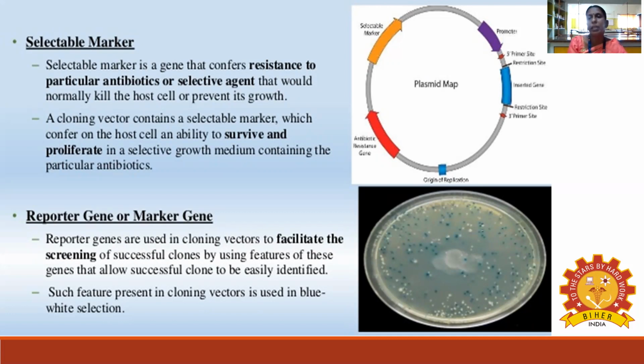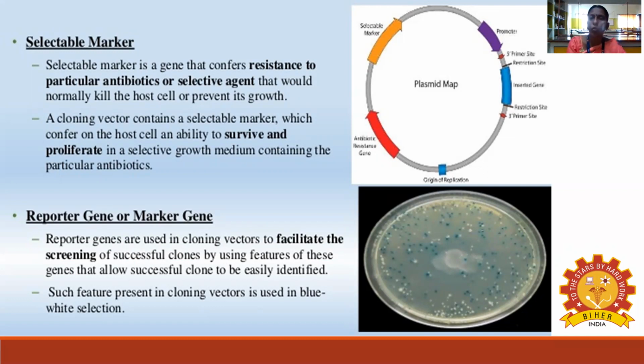If you grow it in ampicillin media, automatically the ampicillin resistance is present there, so resistant means growth is there. But at the same time, foreign DNA can be inserted at the ampicillin resistance site. Automatically the cell is converted into the sensitive form. Ampicillin sensitive means the antibiotic inhibits the growth of the bacteria.